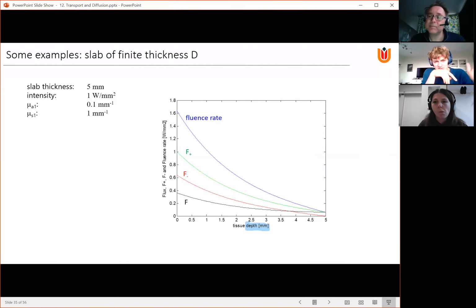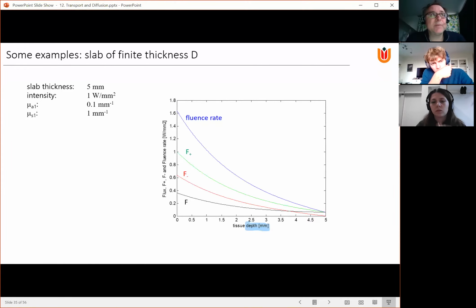At tissue depth 0, you are at the surface of the tissue, right? Exactly. So if you hit the tissue, I guess it makes sense that you can't backward scatter at the surface. So forward flux should be 1.